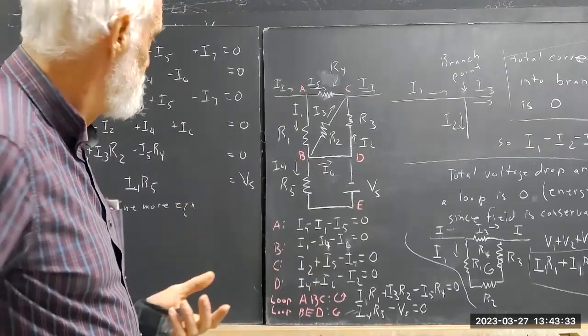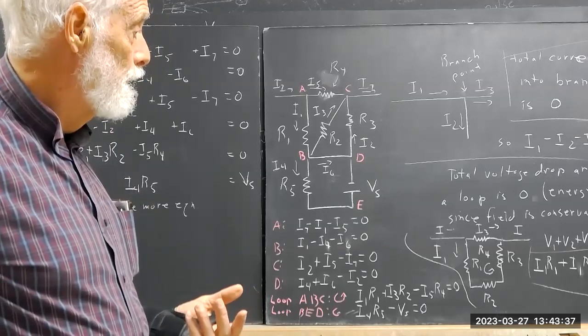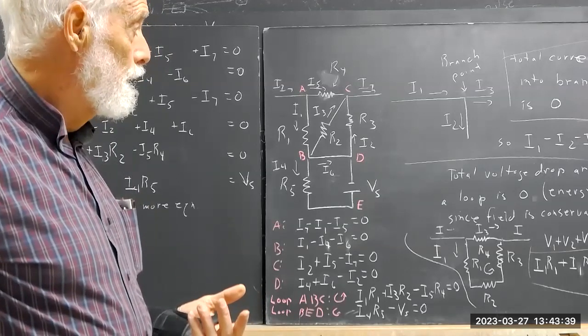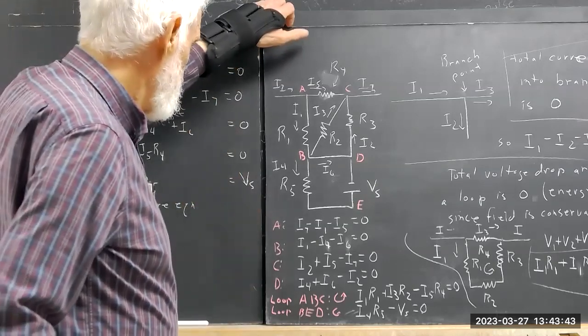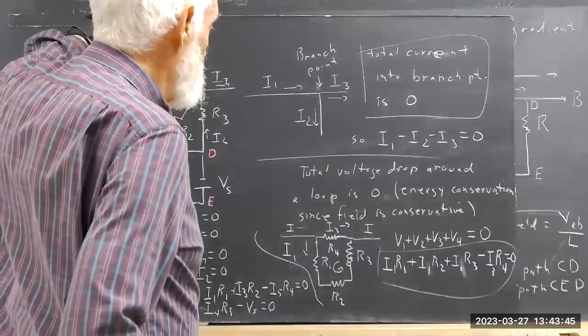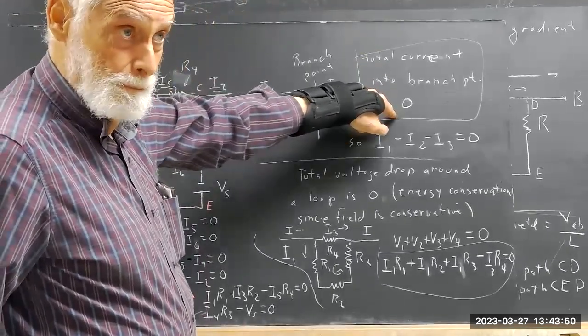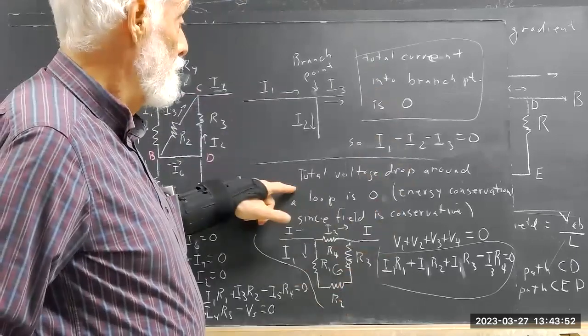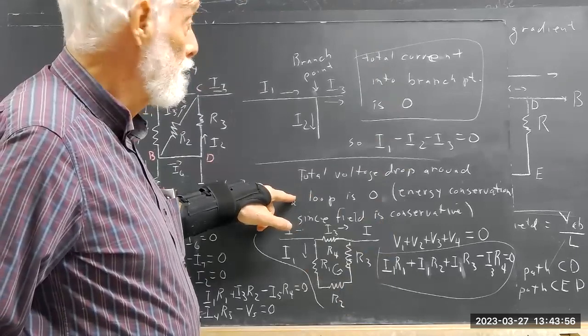Again, we have really very simple principles. Total current into a branch point is 0. And total voltage drop around a loop is 0. Conservation of energy.